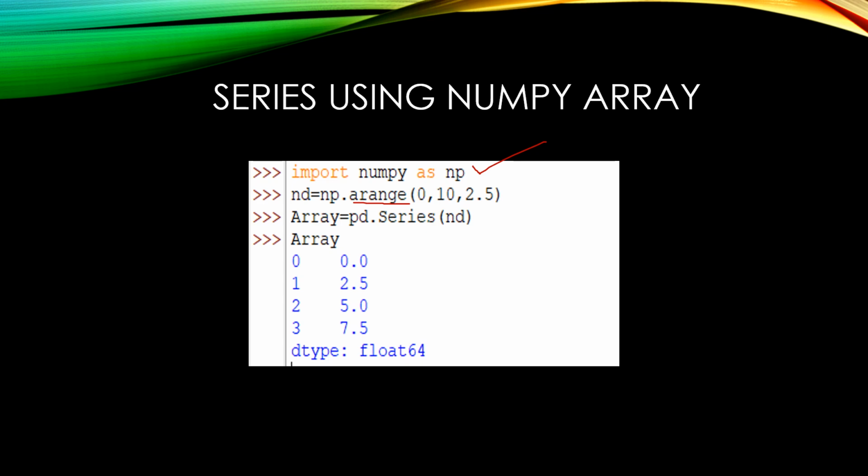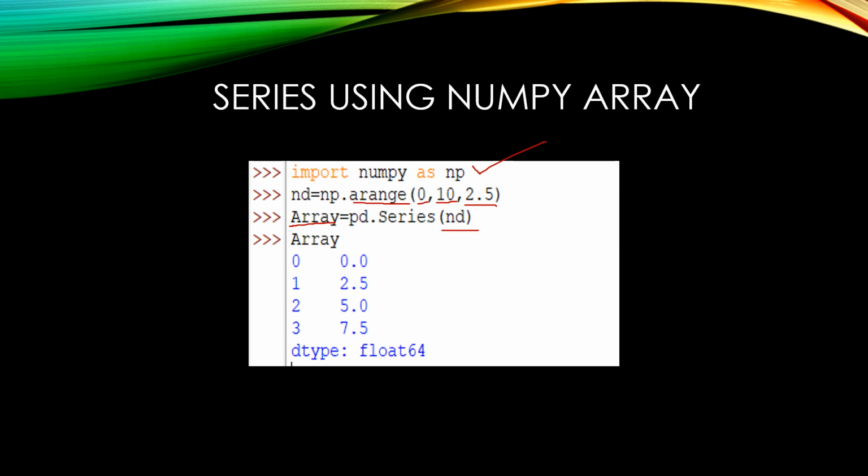Here, arange is taking its start value as 0, its stop value as 10, and its step value as 2.5. We are converting this object ND into a series using a new object array. Array equals to pd.Series. In parentheses, we put this object ND.